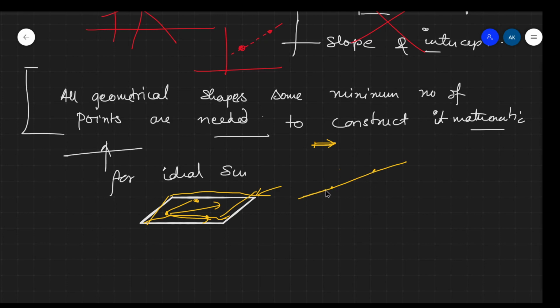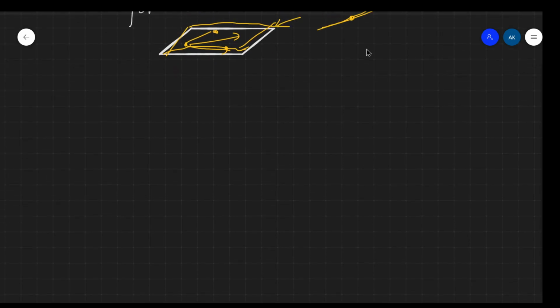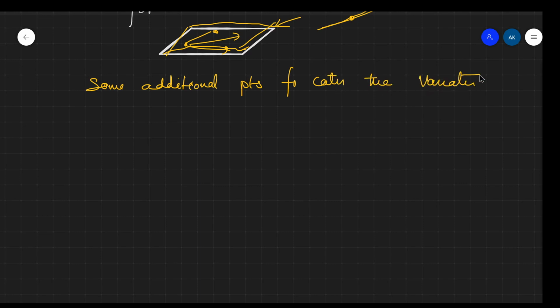But what if the line is slightly skewed? This skewness cannot be dealt with by only 2 points. You need some additional points also. So some additional points are taken to cater to the variation in shapes.